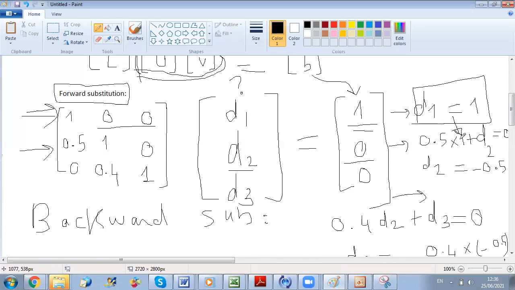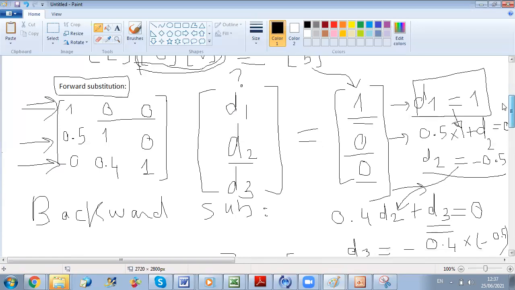I replace it in my equation and get the value of D2. Now, the third step, I move to row 3. In row 3, I get 0 times D1 plus 0.4 times D2 plus 1 times D3 equals 0. Since I already calculated D1 and D2, I replace them in this equation to get the value of D3. In this way, I will find D1, D2, D3.